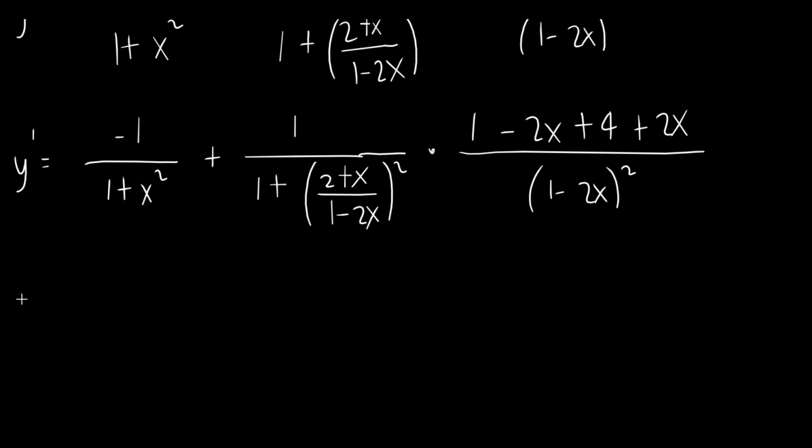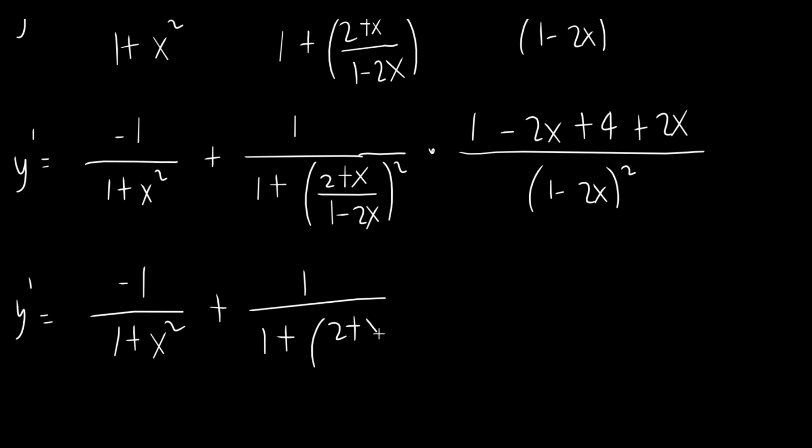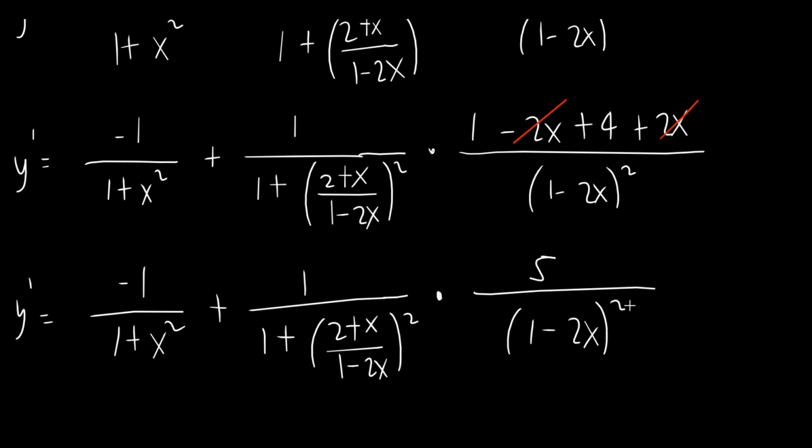Then y prime is equal to negative 1 all over 1 plus x squared, plus, just copy again. Negative 2x plus 2x is equal to 0. So we have 1 plus 4, which is 5, all over 1 minus 2x raised to the power of 2.